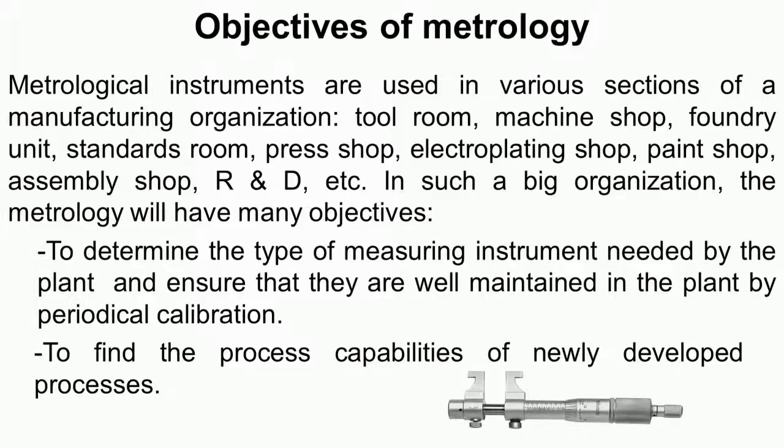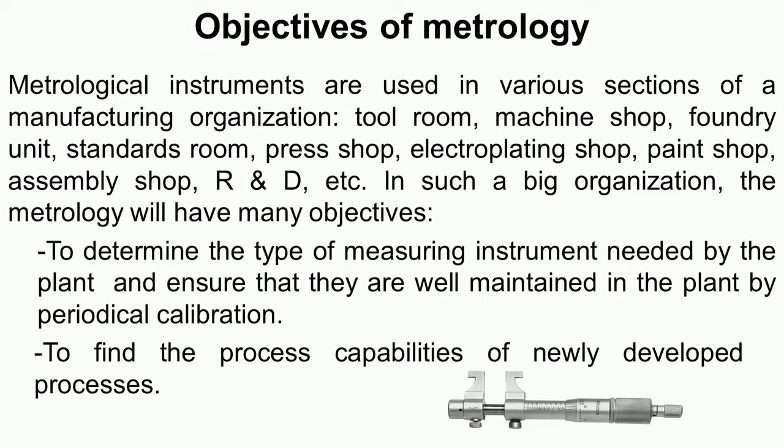Now, let us try to understand the various objectives of metrology. Metrological instruments are used in various sections of a manufacturing organization. They are used in the tool room, machine shop, foundry shop, standards room, press shop, electroplating shop, paint shop.